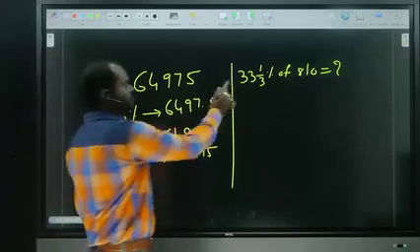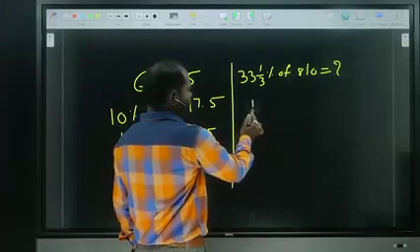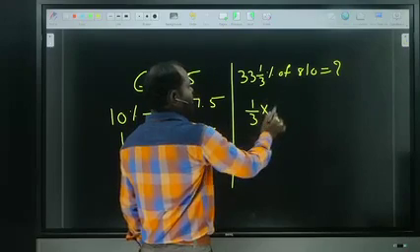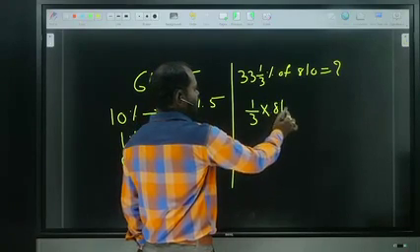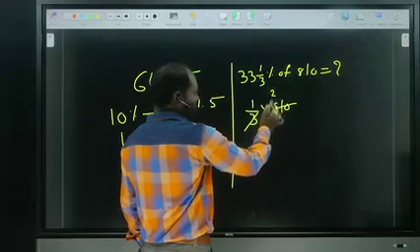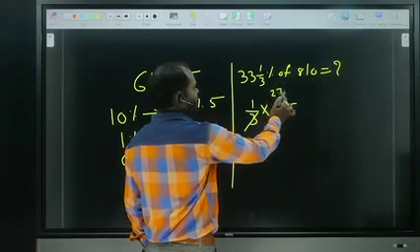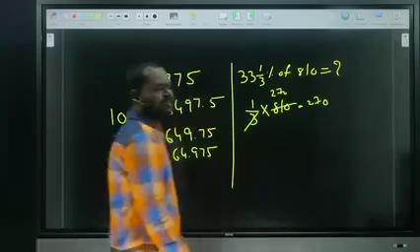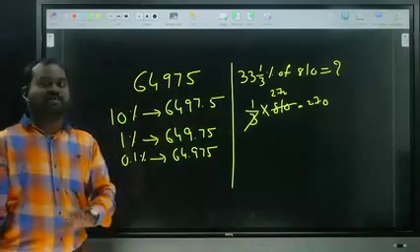So in its place we can write 1/3 into 8 to 10. By cancelling, 3 ones, 3 twos are 6, 21, 3 sevens. So what is the answer? 270. Is it clear? If you remember the fractions, you can save time.